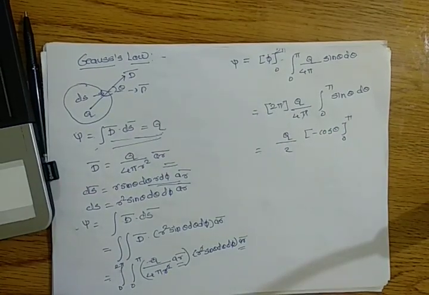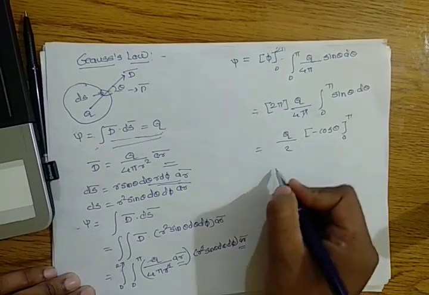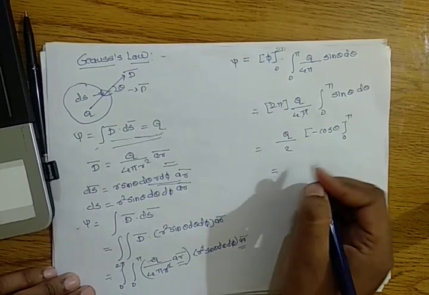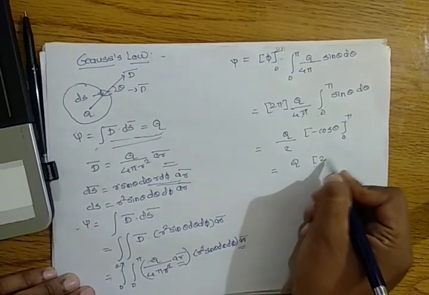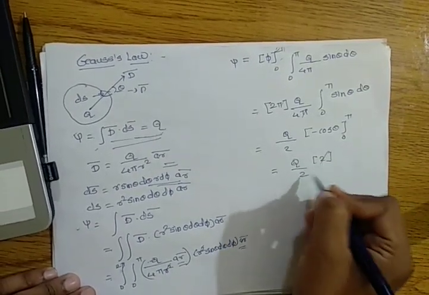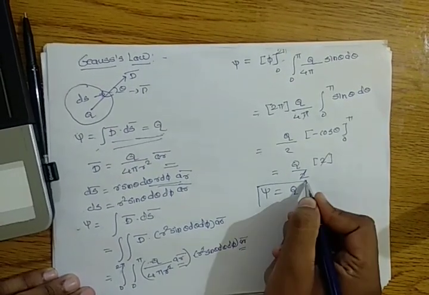If you put the limits, cos pi is equal to minus 1, so minus cos theta gives 1 plus 1, which is 2. So Q into 2 divided by 2, the 2 gets cancelled, and psi is equal to Q.